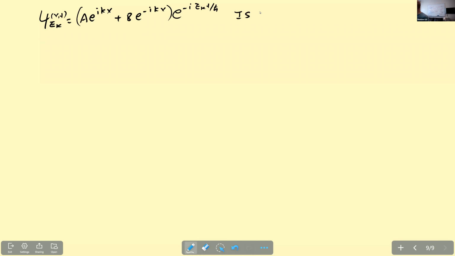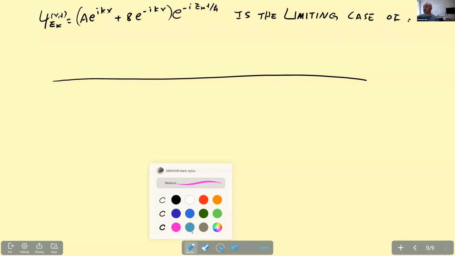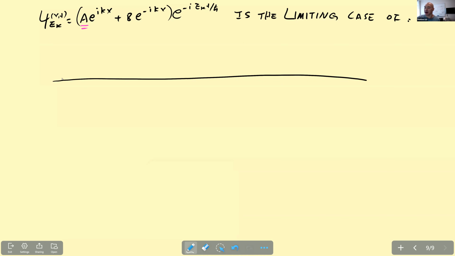This one is the limiting case of the wave packet. So you actually have two wave packets. One is this, which is proportional to A, and goes with the velocity Vg equals partial E partial k at k0.